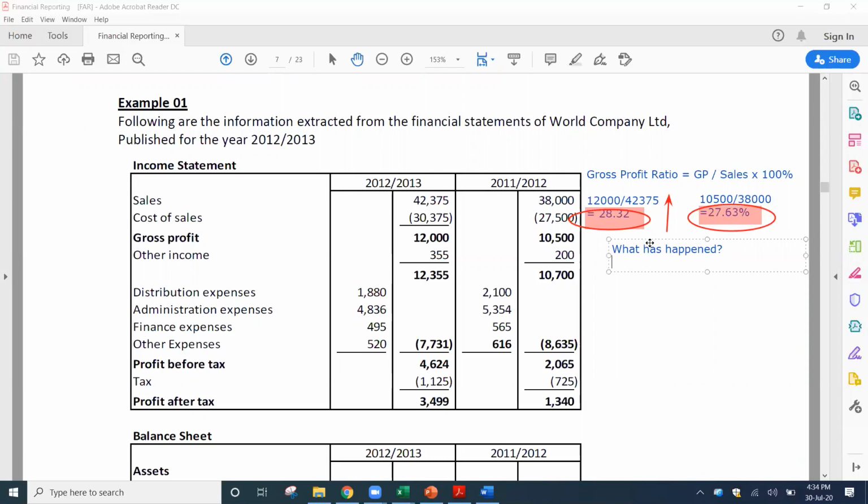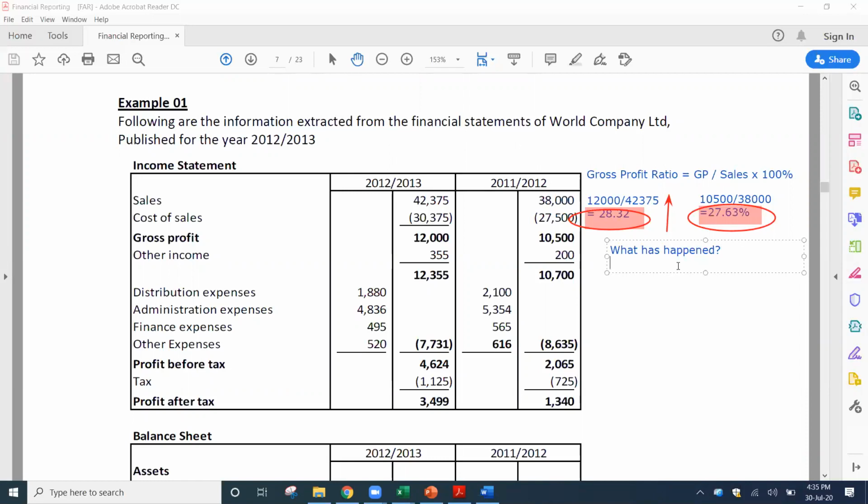Then you will say the gross profit margin has increased from 27.63 to 28.32, by the difference, 0.69%. Right? So you can see it's good. Having a higher gross profit margin is good for the company.